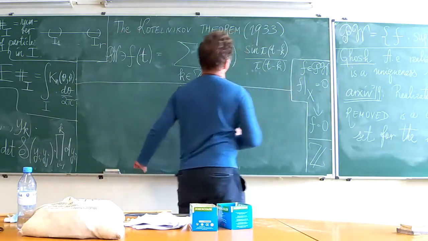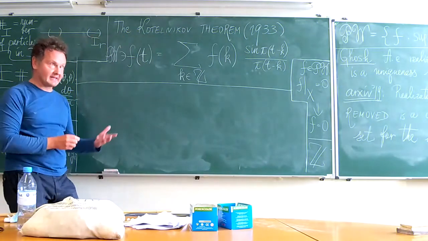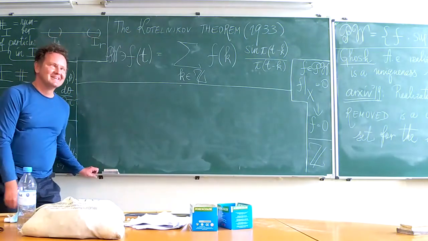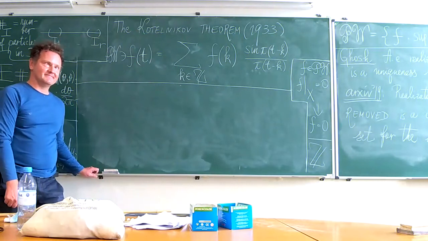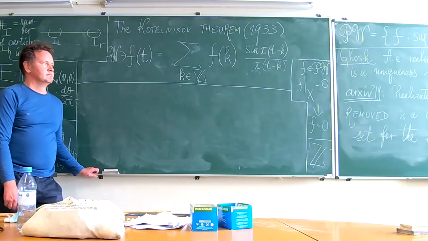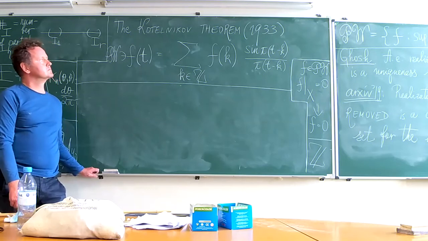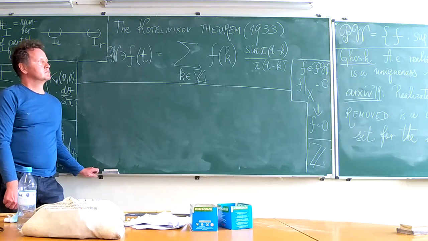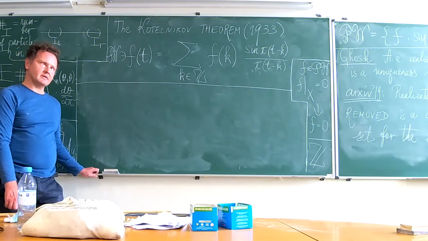So this is the theorem of Bufetov, which shows that Z is a complete and minimal set for the polynomial space. Does it make sense? Yes.